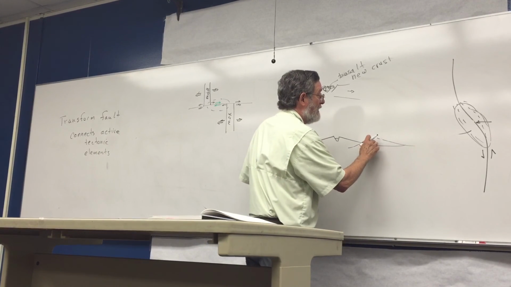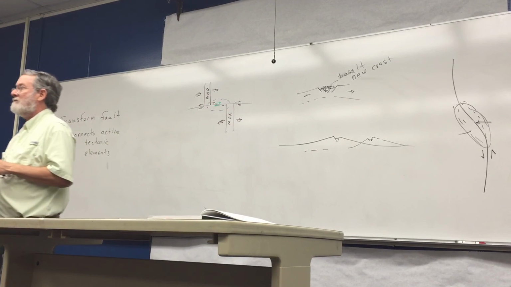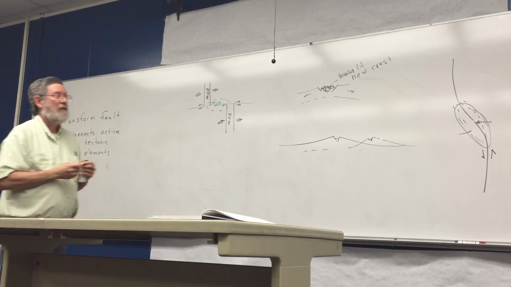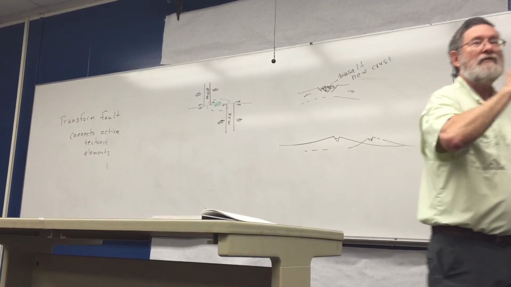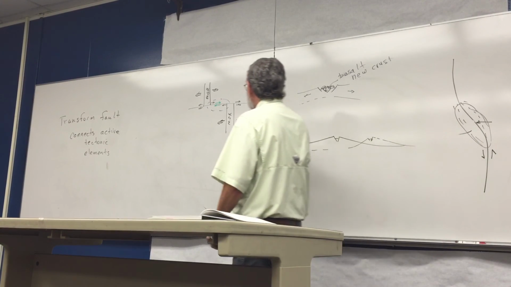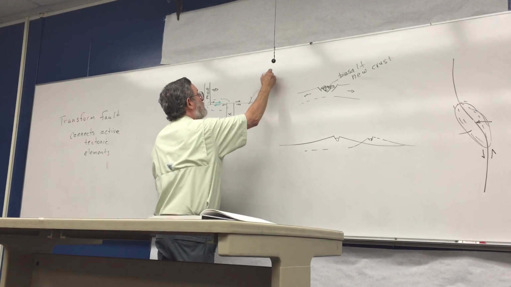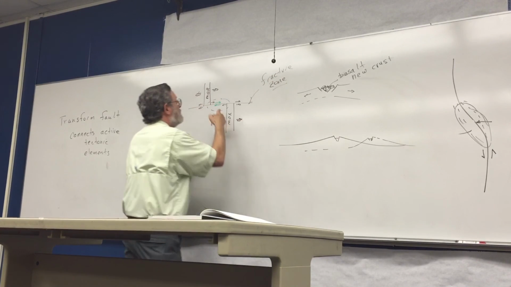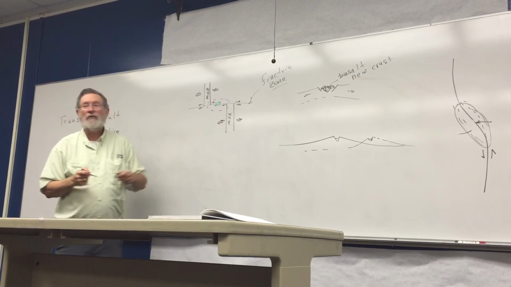What we see in this area here is normal faulting. One side's higher than the other. And then as we move away, that offset goes to 0. In tectonics, this region in here is just termed a fracture zone. This is our transform. So we have fracture zone and transform fault in that system.